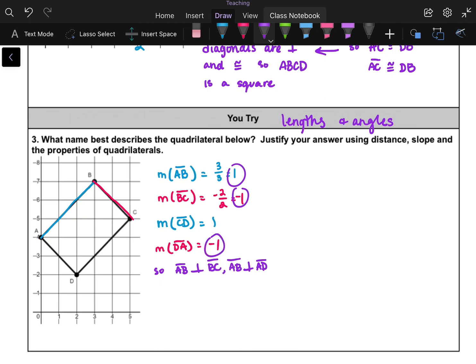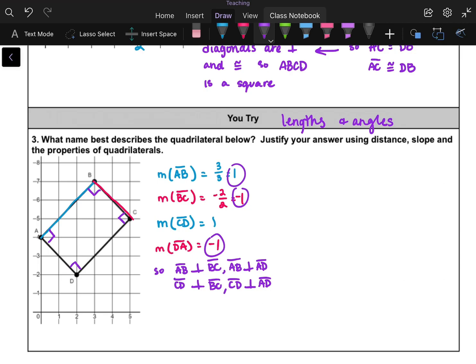And then we can also see side CD was perpendicular to side BC. And similar as above, side CD was also perpendicular to side AD. So I know that all of these angles here have to be right because those sides are all perpendicular to each other. So then I know that this has to be either a rectangle or a square.